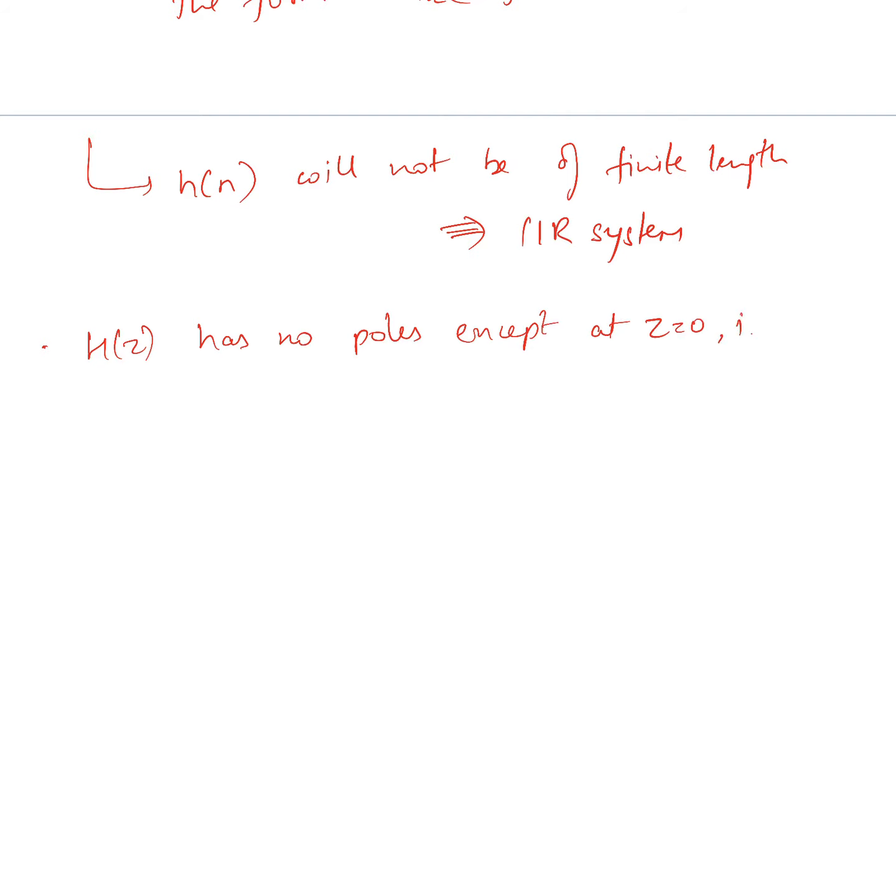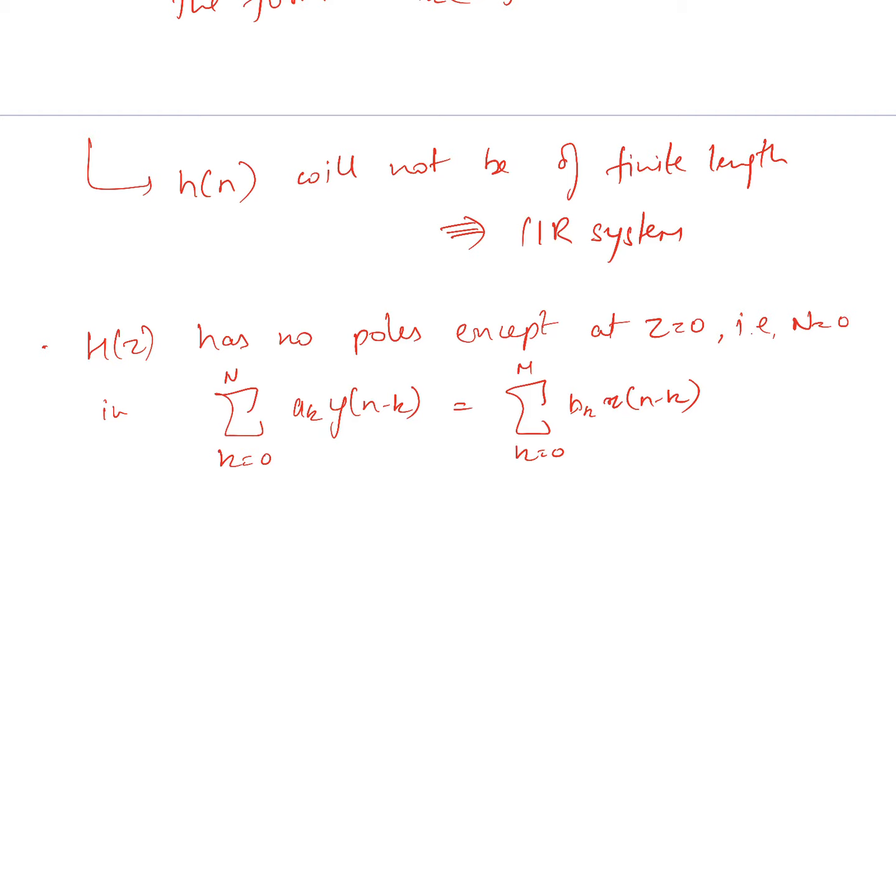That is, your N is equal to 0 in that difference equation that we had seen earlier. Let me write it for your reference: summation k equal to 0 to N, a_k y(n minus k) equals summation k equal to 0 to M, b_k x(n minus k).